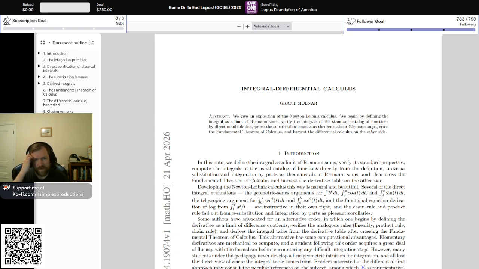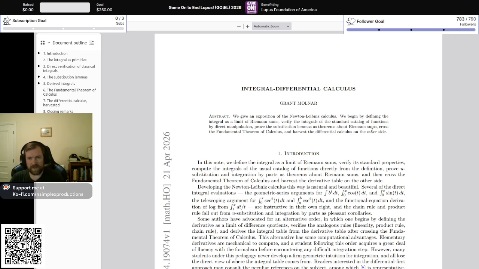Right, so we give an exposition of Newton-Leibniz calculus. We begin by defining the integral as a limit of Riemann sums first. Verify the integrals of the standard catalog of functions by direct manipulation. Prove the substitution lemmas as theorems about Riemann sums. Cross the fundamental theorem of calculus.